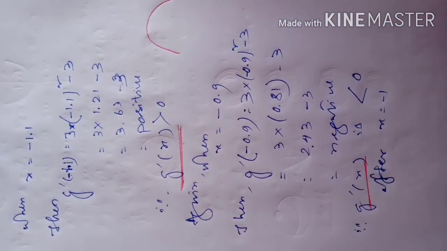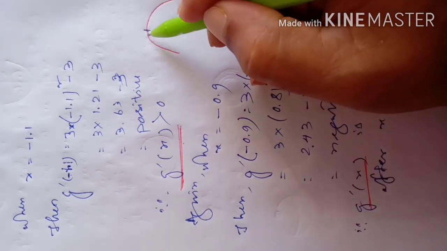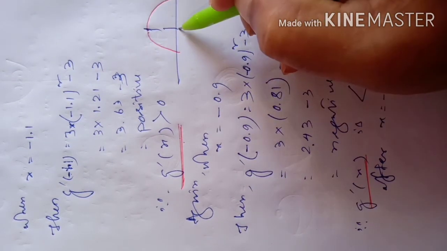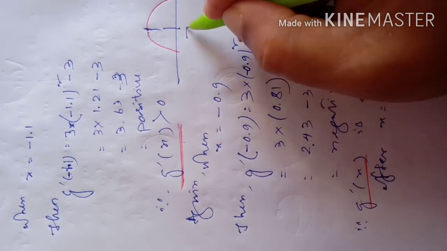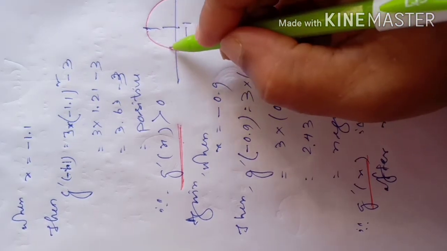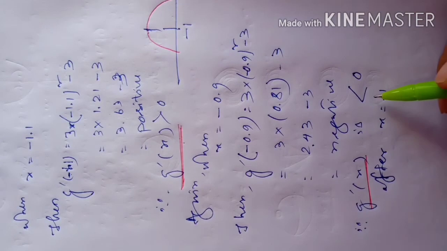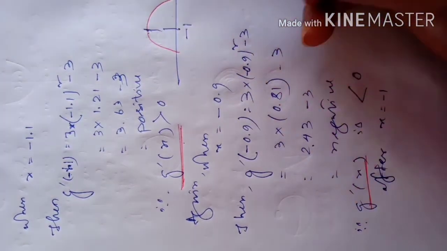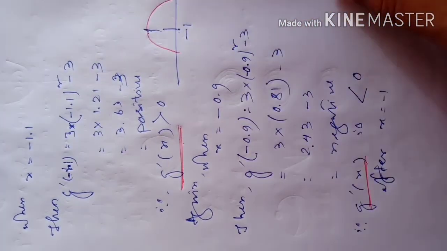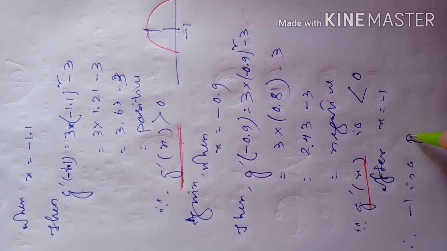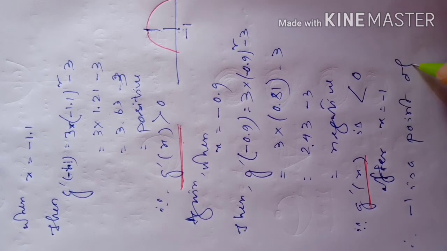Before minus 1 it was greater than 0, and after minus 1 it is less than 0, decreasing. So what you can say, this is a point of local maxima. So therefore minus 1 is a point of local maxima.